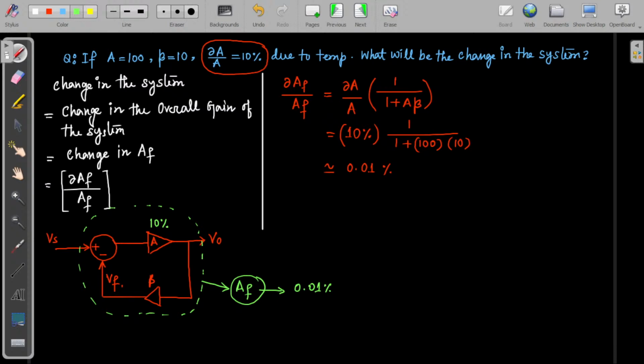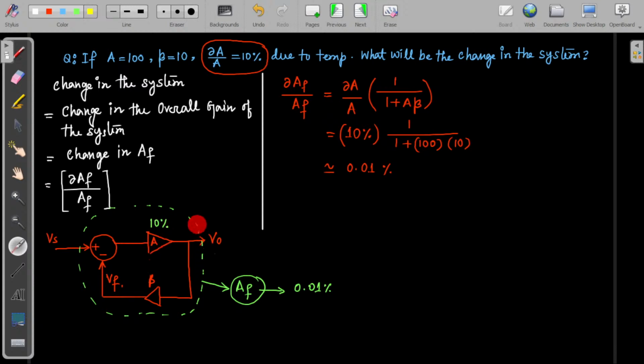That is the advantage of the feedback amplifier. Due to some reason, if the gain of the basic amplifier changes, here what is the reason? Temperature.